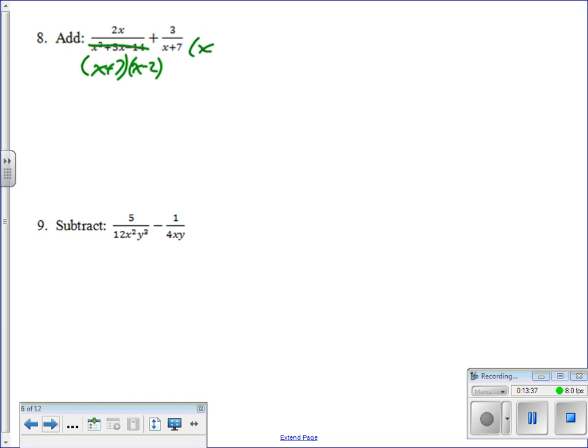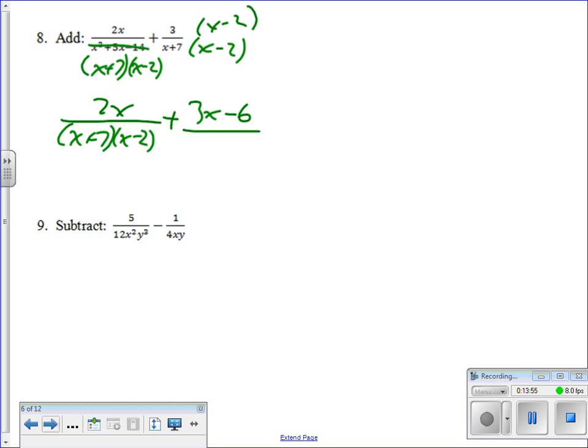So multiply by x minus 2. I don't have anything in the second that's not in the first already, so that's covered. So I have 2x over x plus 7, x minus 2, plus 3x minus 6 over x plus 7, x minus 2.